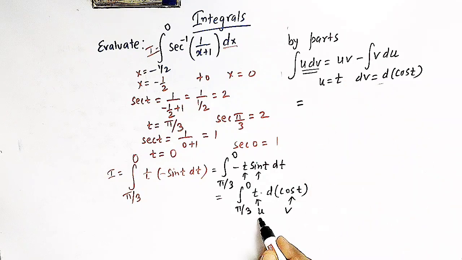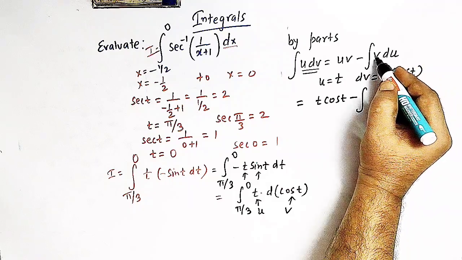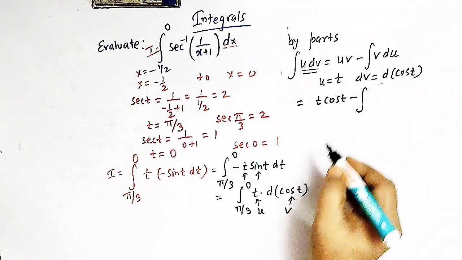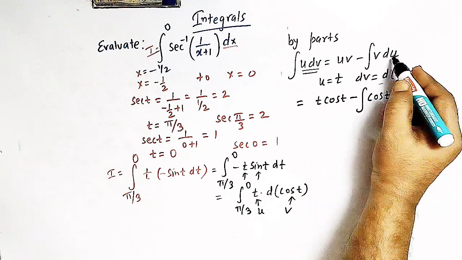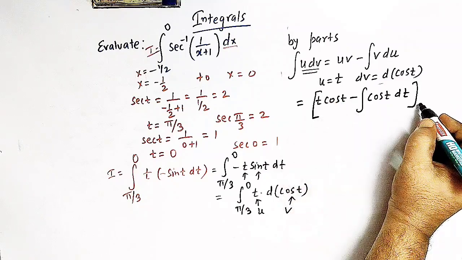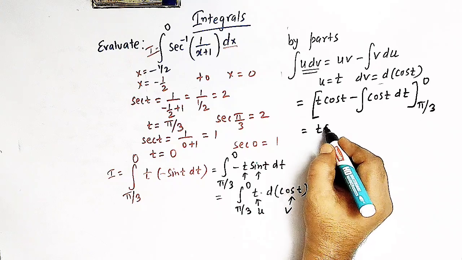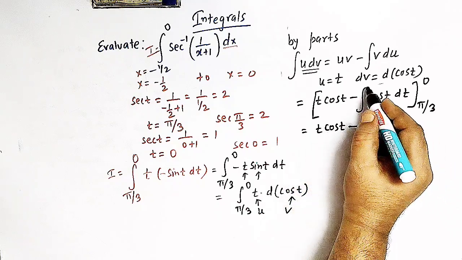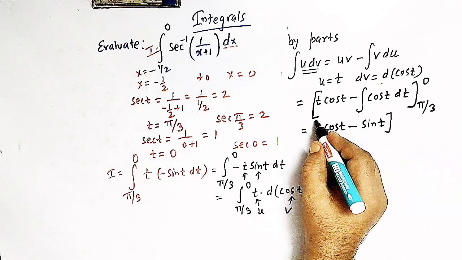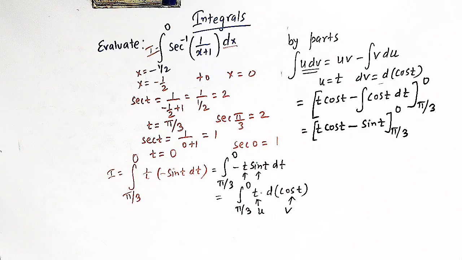So uv is t cos t, then we have integral v du, and v is given by cosine of t, and du is given by dt, and the limits of integration are from 0 to pi by 3, right? So we have t cos t minus integral cosine t is simply sine t, and the limits of integration are from 0 to pi by 3.